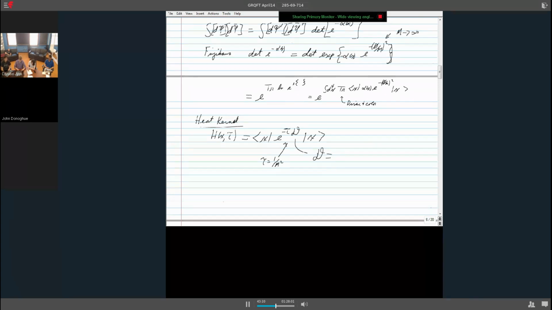Now, at this stage, we pull out our heat kernel. Heat kernel techniques. Remember the heat kernel, h of x and tau, was x e to the minus tau times some differential operator, x.